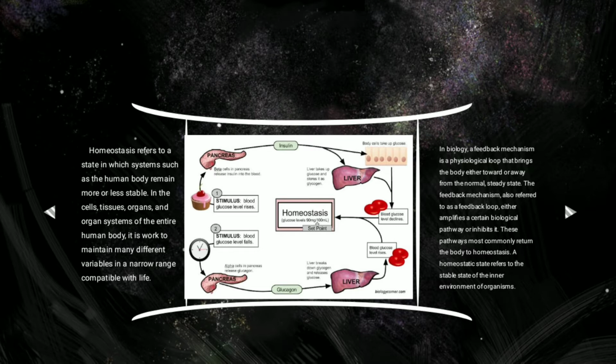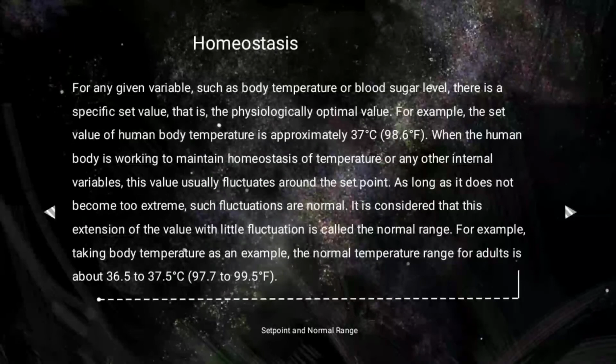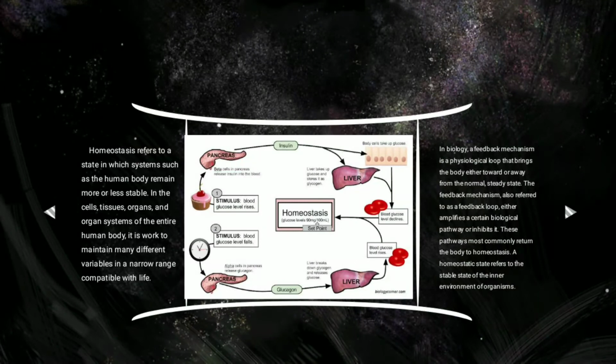It works to keep many different variables in a narrow range compatible with life. And we have here the feedback. Feedback is the answer to something that happened to a human body.